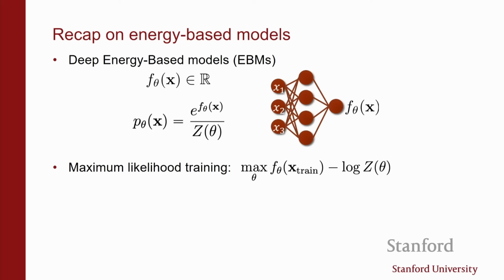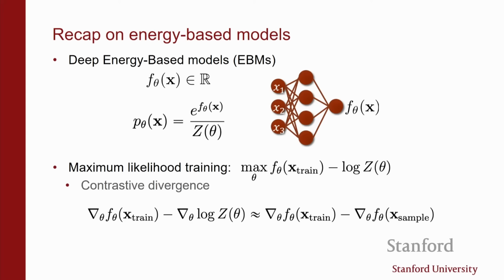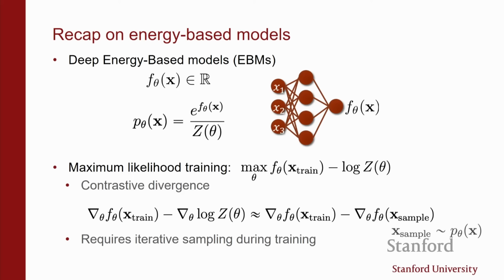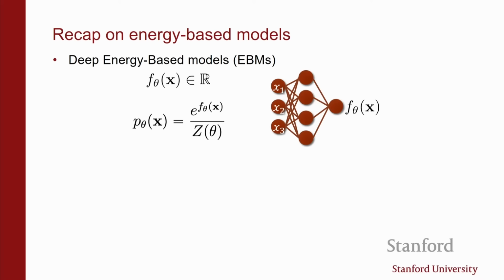Super flexible. The problem is that evaluating likelihoods involves the log partition function. So if you want to do maximum likelihood training, you have to somehow estimate the partition function, or you need to do contrastive divergence kind of things where you have to sample from the model, which is expensive and something you don't want to do.